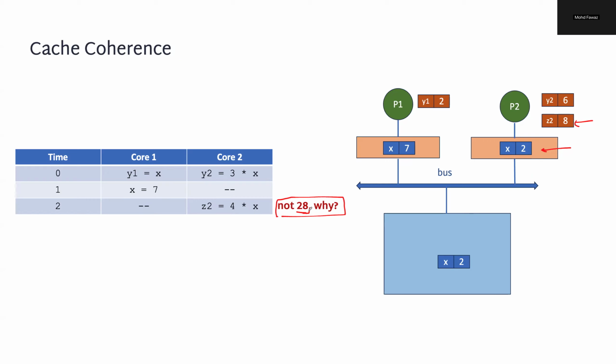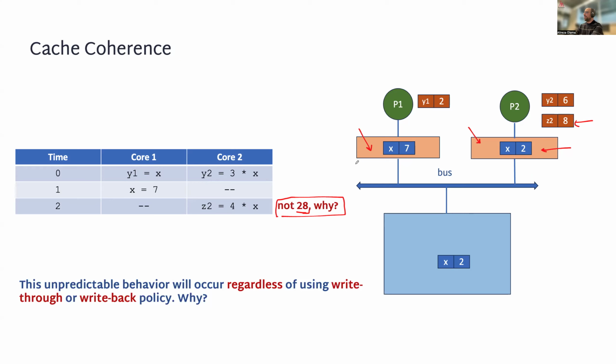The value of 7 was not moved from the first to the second cache. Yes, that's true. That's mainly because the value of x in this cache is different from this cache, so we have differences in the two caches, because we didn't synchronize them. This problem, where you have different values in different caches for the same global data, is called the cache coherence problem.